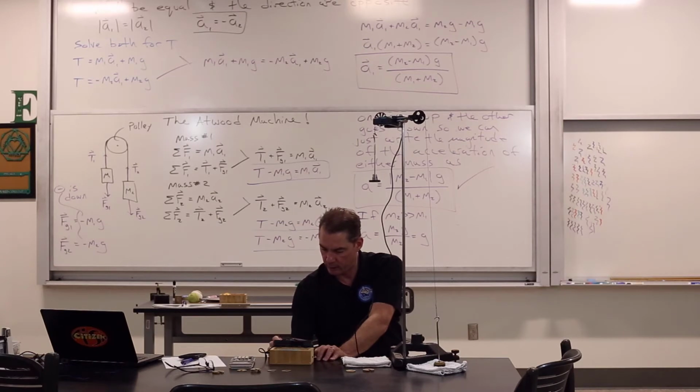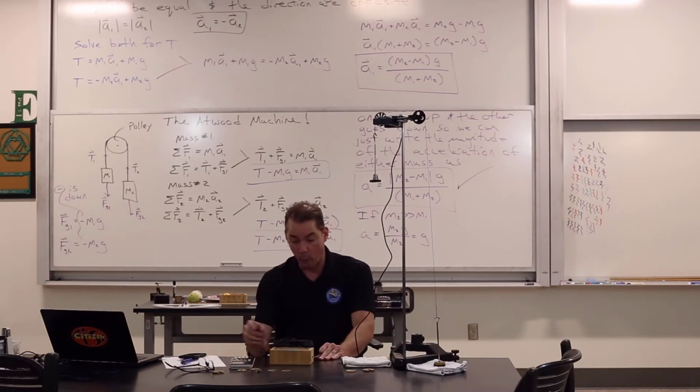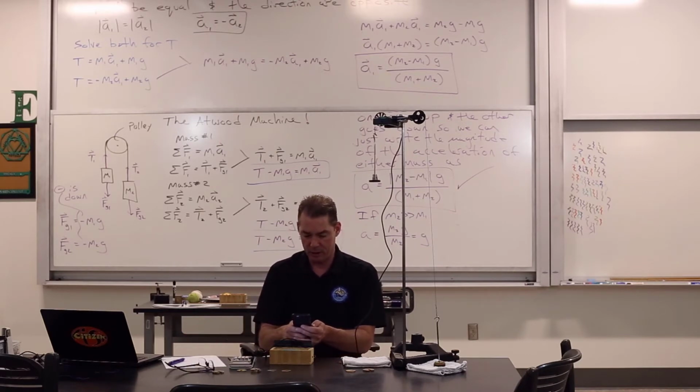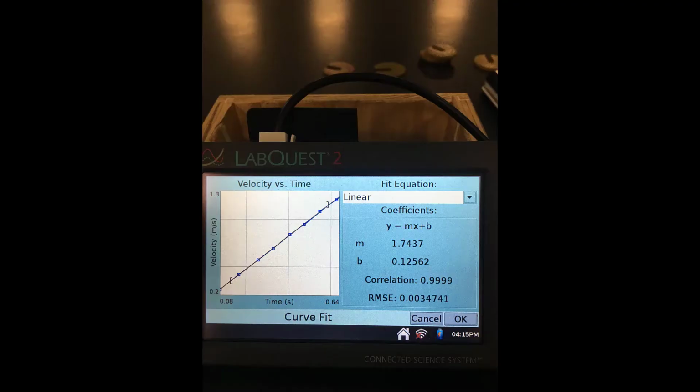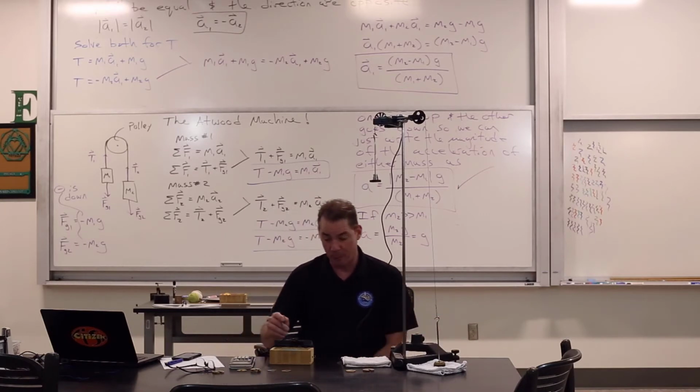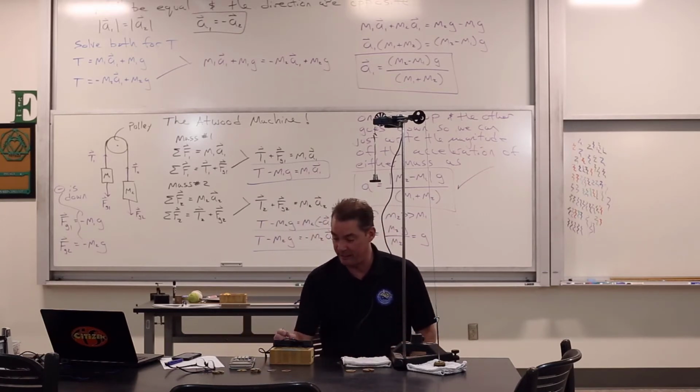And I'll do a linear curve fit. And I get 1.7437 this time. I'll take another picture. Good. There we go. Nice correlation coefficient. Once again, 0.9999. Yeah, it's very linear.